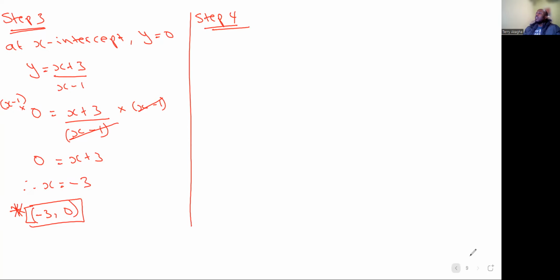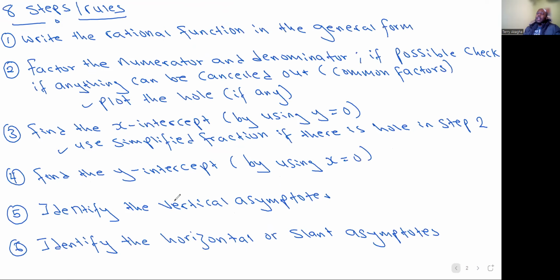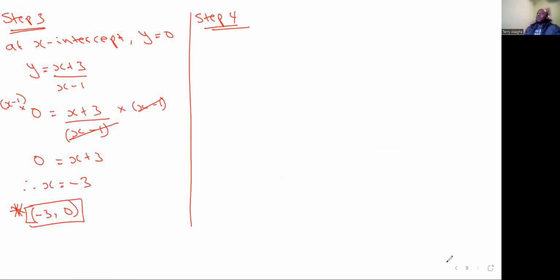So we found the x-intercept. What is step 4? I believe y-intercept. So let's just check. Yes, we have to then find the y-intercept. So the same thing, you have to use the simplified fraction as well. At the y-intercept, x is equal to 0, okay? So you use the simplified fraction instead of the original. Is that okay?